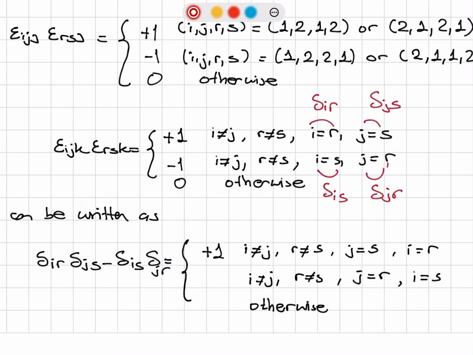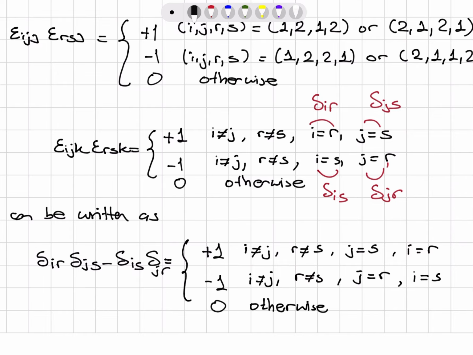This gives me plus 1, and the other product is going to give me 0. And j is equal to r, and i is equal to s. This is going to give me a 1 here, so minus 1. But the other part will give me 0, so that's a minus 1, and 0 otherwise.